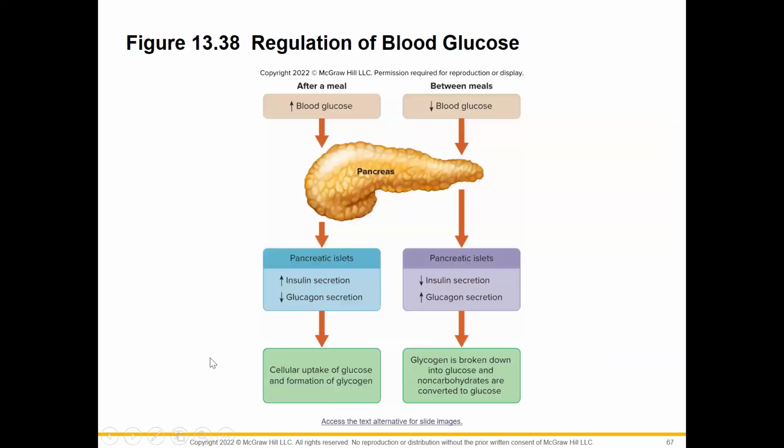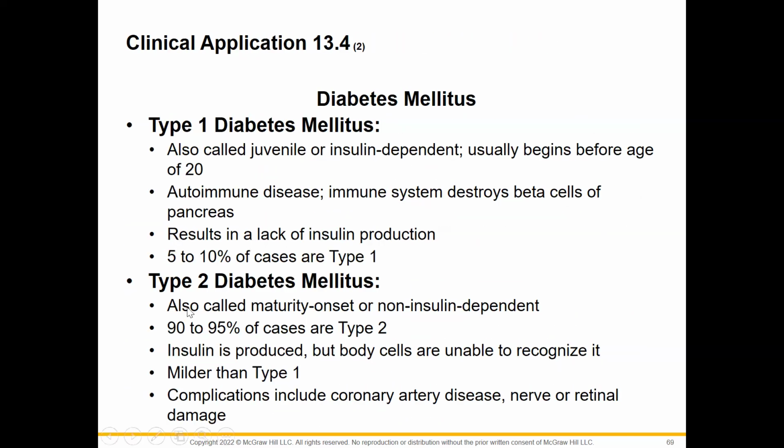So a type 1 diabetic is someone whose immune system is fighting and destroying the cells of the pancreas that produce insulin, which results in that person having very little insulin being produced by their own body, which means their blood sugar levels are going to increase because they have no insulin or very little insulin to take the sugar out of the blood and bring it into the cells.